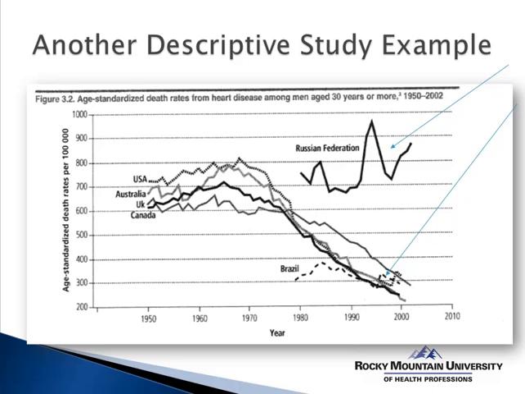And you see in many of these first world countries, USA, Australia, United Kingdom, Canada, that there was a decrease that started to occur in the mid-70s and continued to drop into the 2000s. So it's presenting death rates.